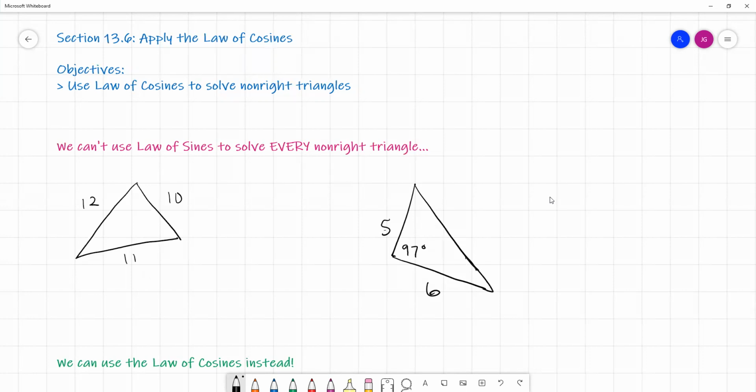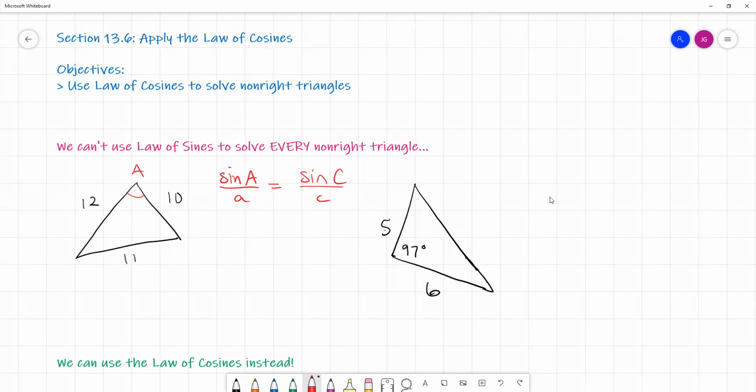For example, that first triangle. Notice how all of our angles are missing. We don't know any of the three angles of the triangle. If you think about the law of sines, let's say we wanted to solve for this angle right here. We're going to call this one A. That means we would need to do sine of A over little a is equal to, and we'd have to pick one of the other ones, for example, sine capital C over c.